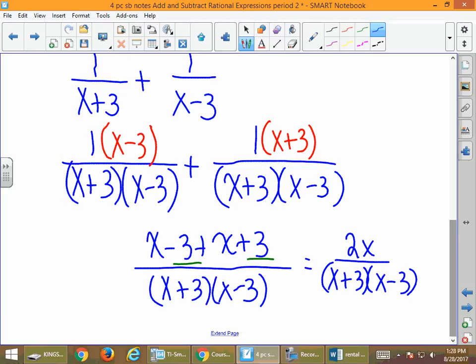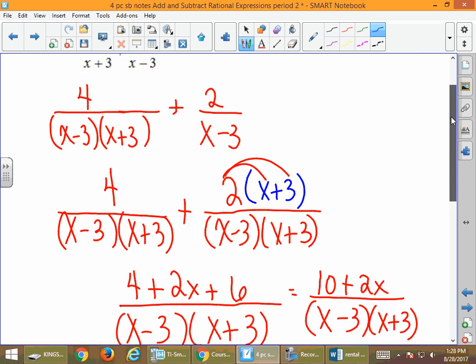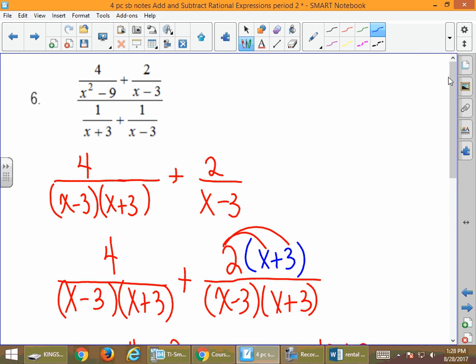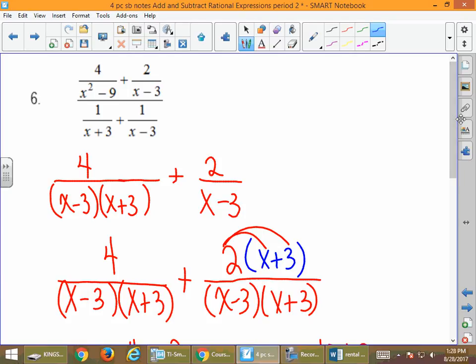If we write this again, I'm going to pull my screen down. But remember what happened when we combined here. At the top of that fraction, we ended up with 10 plus 2x divided by x minus 3 times x plus 3.